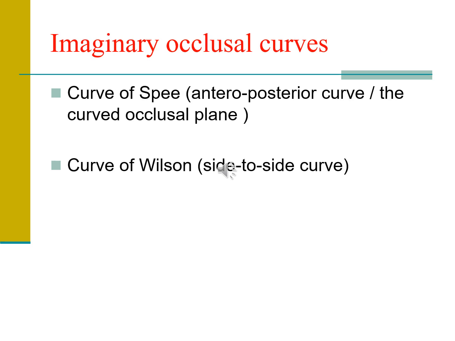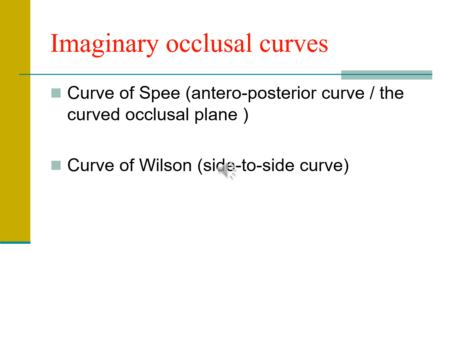Another curvature we have is the imaginary occlusal planes or curves. We have two curves, the curve of Spee. When you view from the buccal aspect, the cusp tips of the posterior teeth follow a gradual concave curve from anterior to posterior. So the curve of the maxillary arch is convex, and the curve of the mandibular arch is concave.